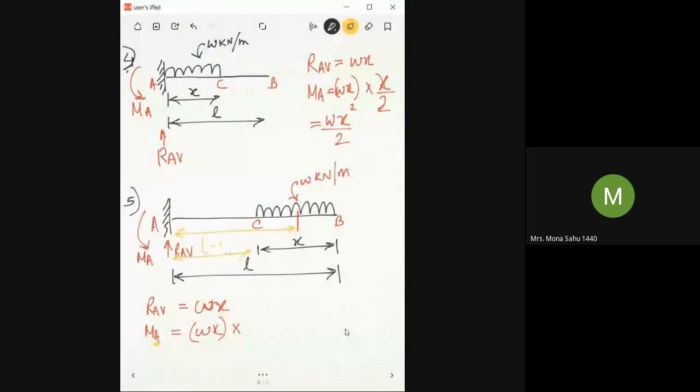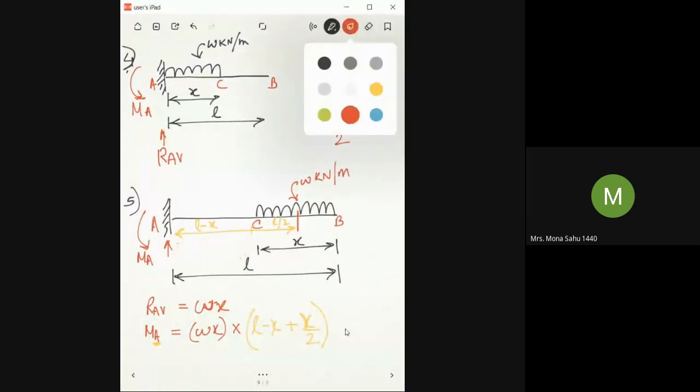L minus X. It's going to be L minus X plus X by 2. Got it? Okay. L minus X plus, this is X by 2. Got it?